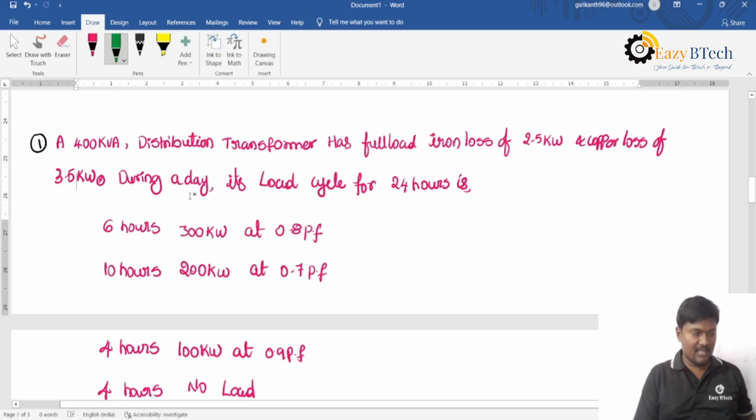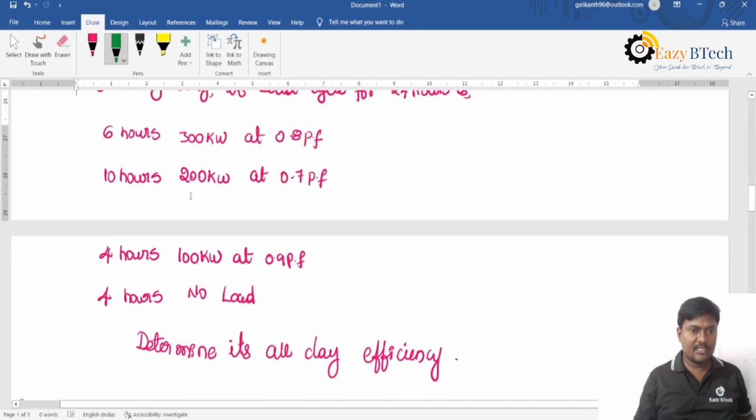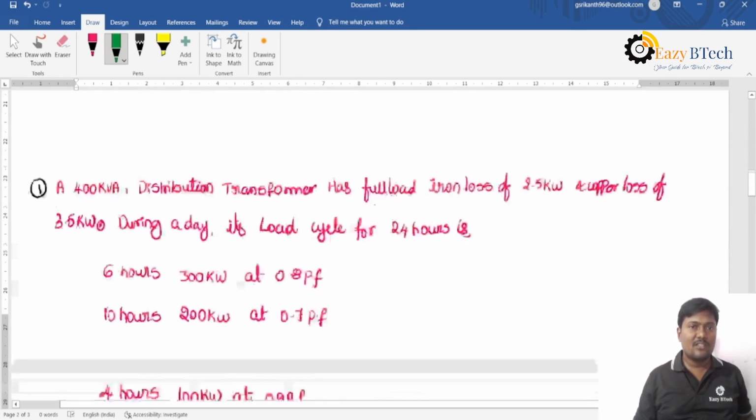During the day its load cycle for 24 hours is 6 hours 300 kilowatts at 0.8 power factor and 10 hours 200 kilowatts at 0.7 power factor. Determine its all-day efficiency.